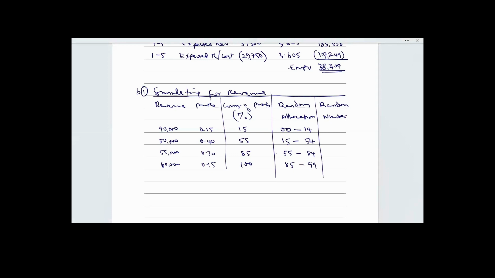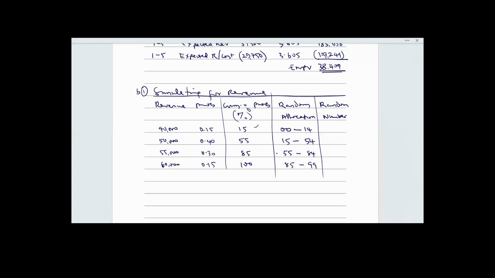The first cumulative probability is 15. You minus 1 from 15, that's 14. After 14 is 55. Minus 1 from 55, you get 54. That's what we are going to do for all of them. It's not that at all times you start from 14. The first figure of your probability determines what you have there.